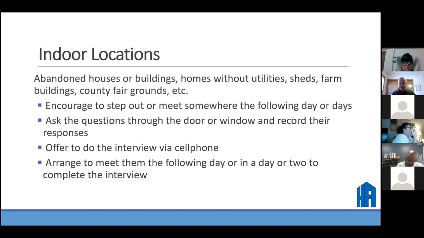And again, that's going to depend on the situation. You can offer to do the interview via cell phone, or just arrange to meet them somewhere where they'd feel safe and where you'd feel safe. Maybe it's not you particularly, maybe it's some other volunteer or somebody else, but just to arrange that so that the interview can be conducted.